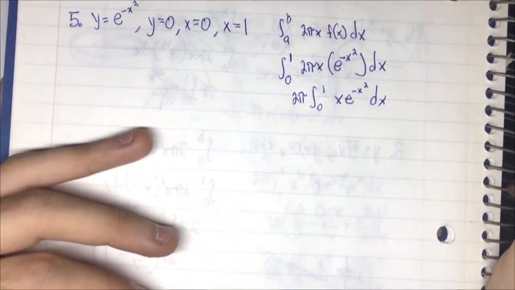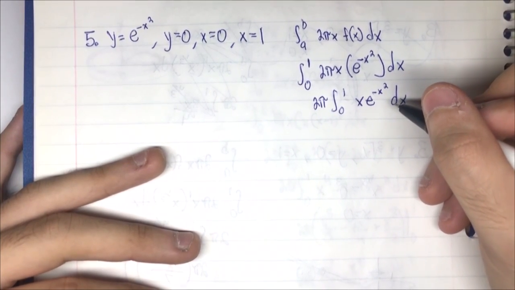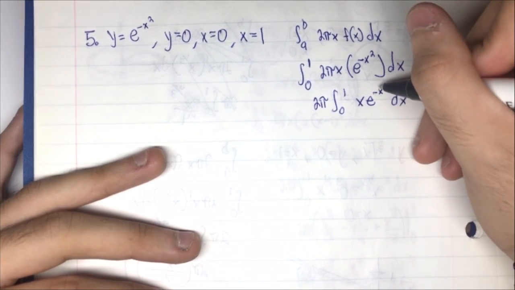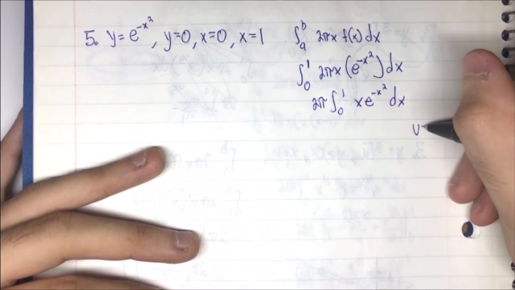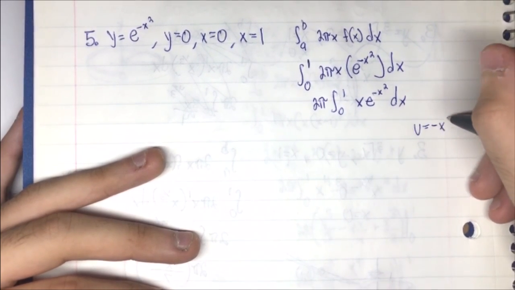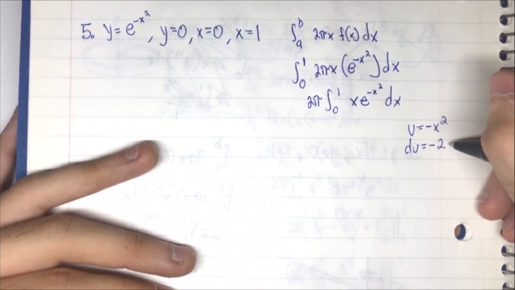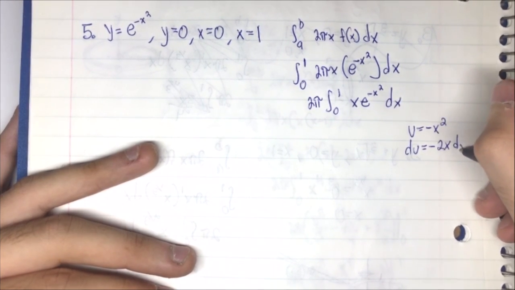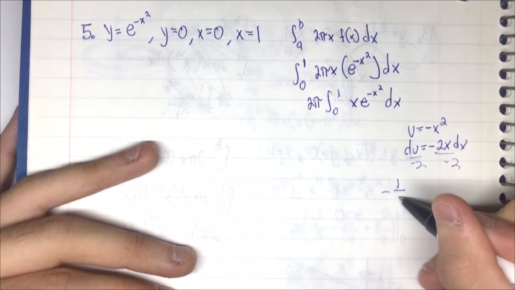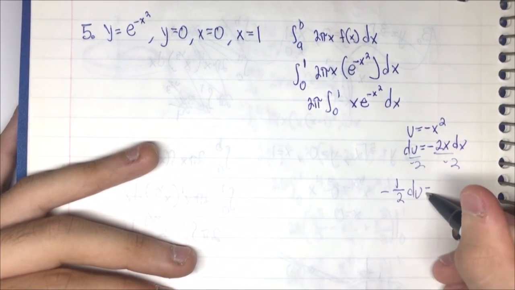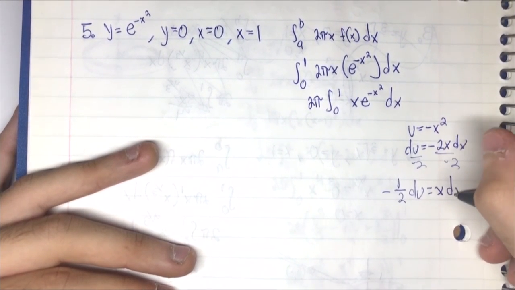Okay, and now we can find the antiderivative of this. We have to use u substitution since we have the negative x squared. So u is equal to that whole thing. So du is equal to the derivative of that, negative 2x dx, and then we have to divide both sides by a negative 2, so that would be negative 1/2 du is equal to x dx.